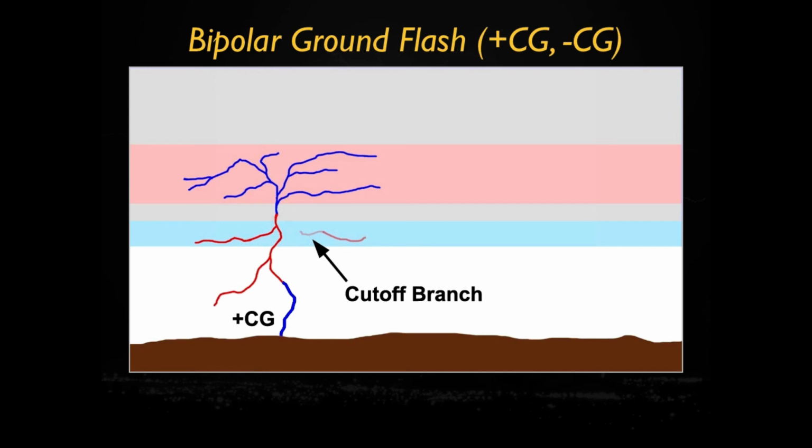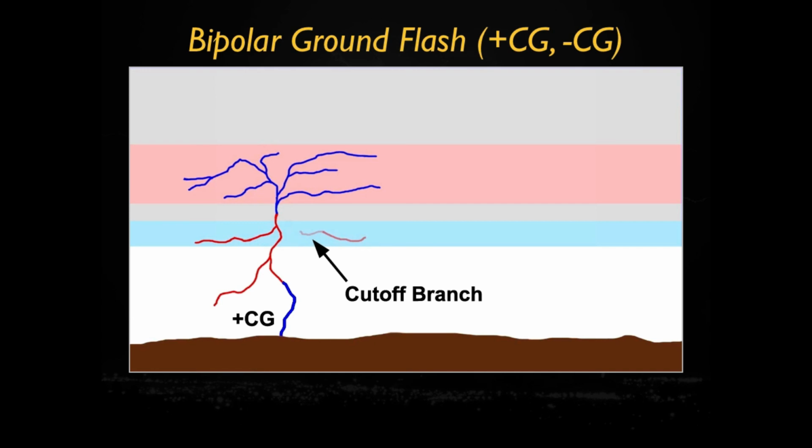Another possible scenario is a bipolar ground flash, in which we have a positive CG followed by a negative CG in the same channel. We've captured a number of these, 6 total between the operations in Brazil and in South Dakota.